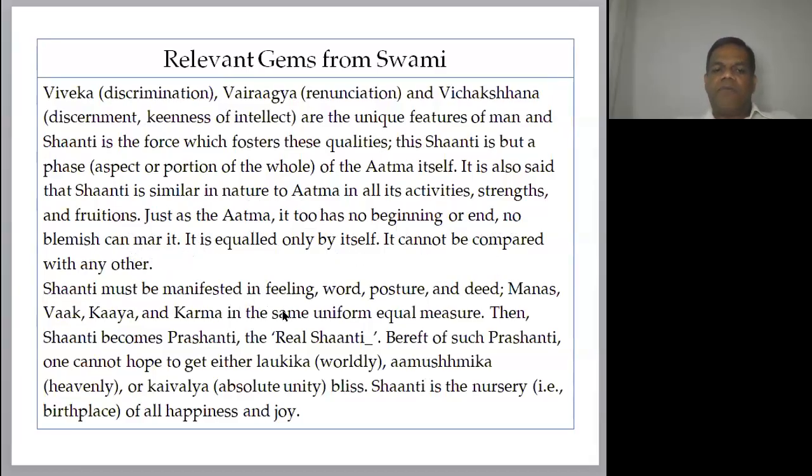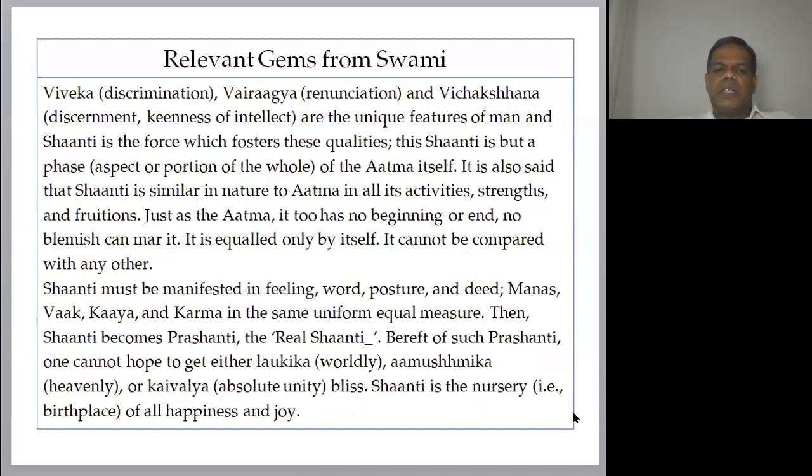Shanti must be manifested in feeling, word, posture, and deed, Manas, Vak, Kaya, and Karma, in the same uniform, equal measure. Then Shanti becomes Prashanti, the real Shanti. Bereft of such Prashanti, one cannot hope to get either Laukika, worldly, or Amushmika, heavenly, or Kaivalya, absolute unity, bliss.